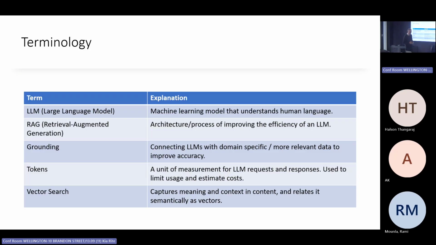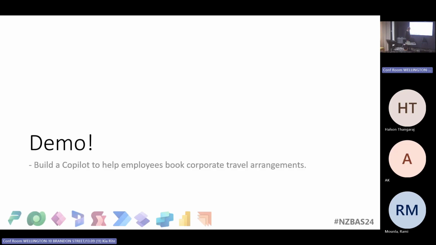So glasses that I put on my face versus glasses you drink from, it understands the concept. And there's something called vector search, which captures those semantic concepts as vectors and maps them together. So it's quite a key concept in all this.